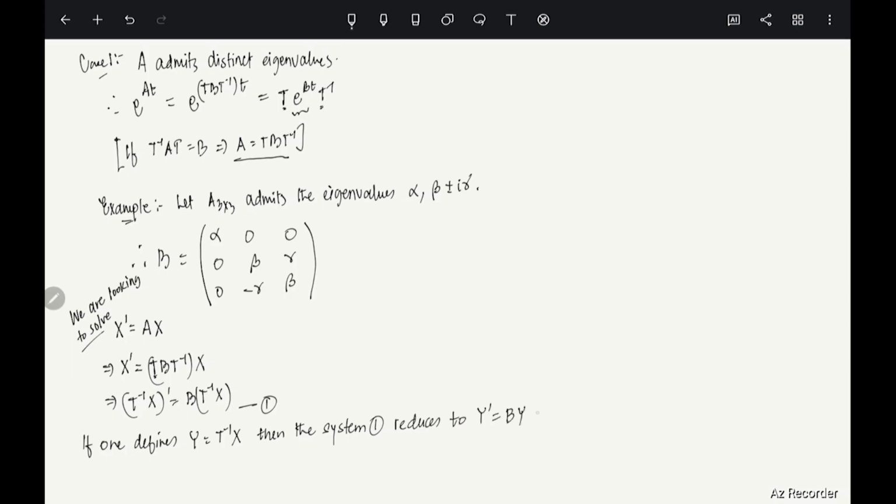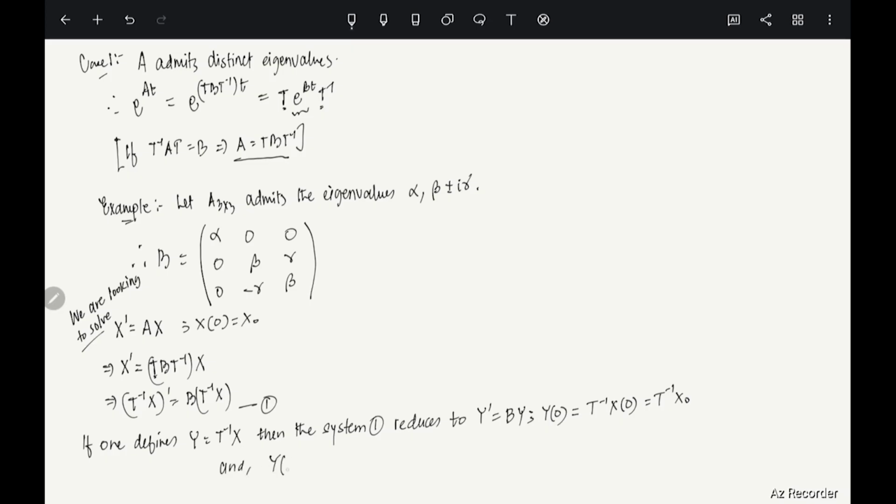Yeah, and you see the initial data is x of 0 equals x0. Okay, so in this case y0 will be T inverse of x0. So T inverse acting at x0. Clear?